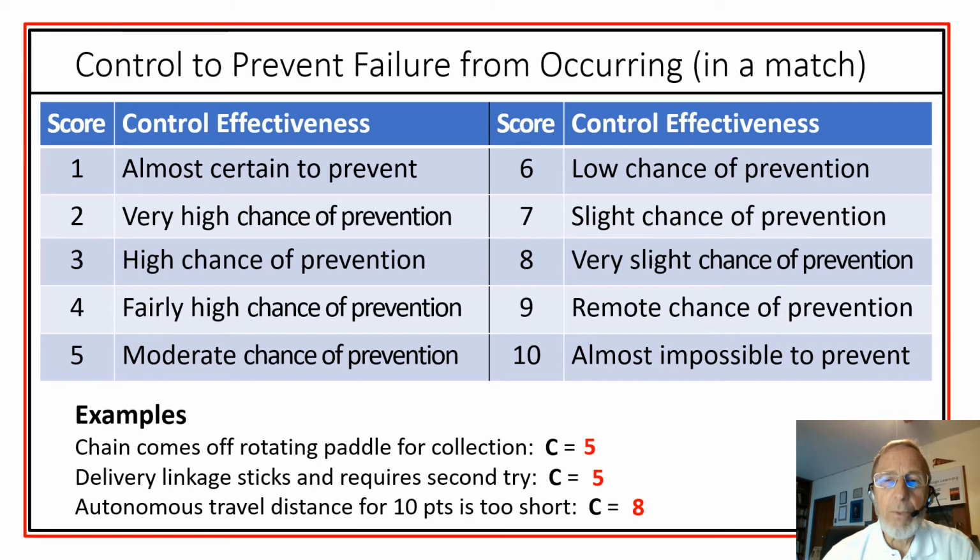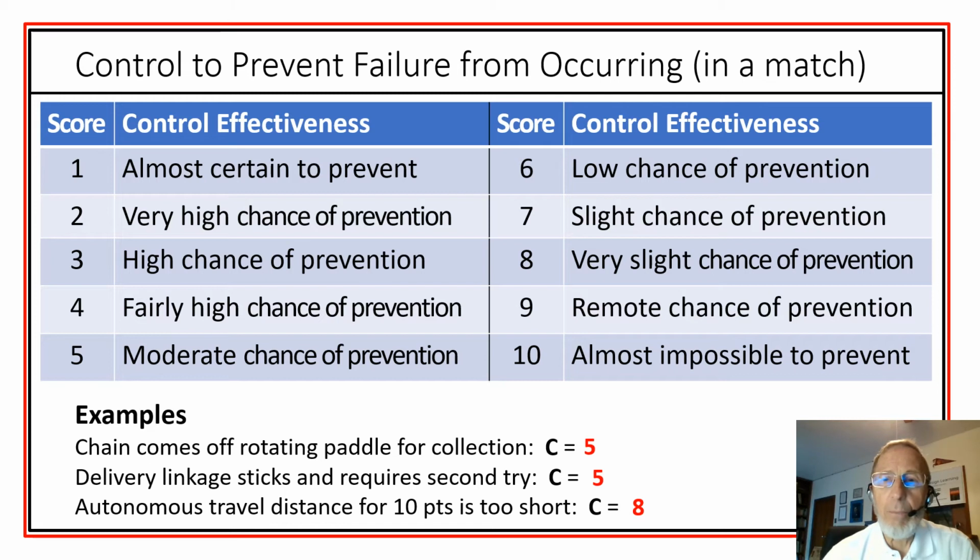The autonomous travel, this one, once you turn a robot loose, there's nothing you can do, so it's going to happen or not happen. And maybe there's some slight ability that you can, in the way you position the robot, set it up before you start autonomous, that you can affect whether this failure occurs, whether it's going to go too short of a distance.